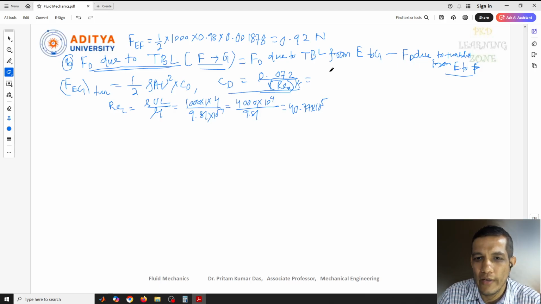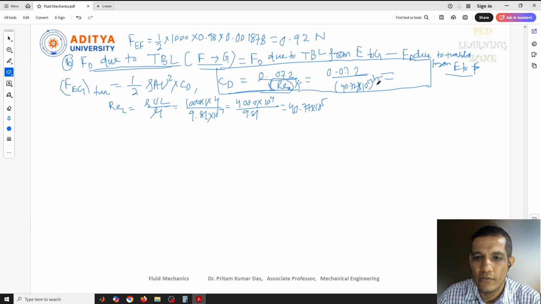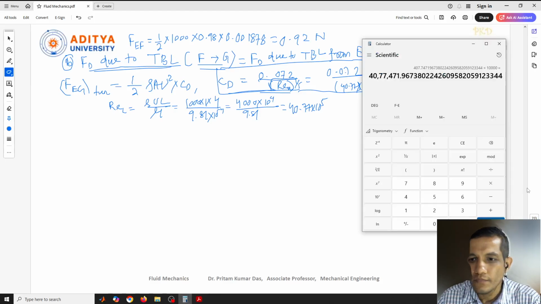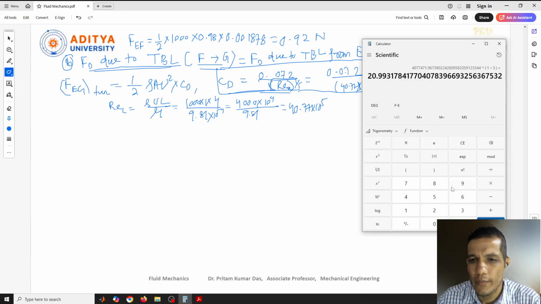So 0.072 divided by 40.77 into 10 to the power 5 to the power 1 by 5, then we'll get the CD value. The Reynolds number that was given is for laminar, now we are doing turbulent, so that is different. Doing to the power 1 by 5 directly gives 20.99, which is 21 also can be considered.